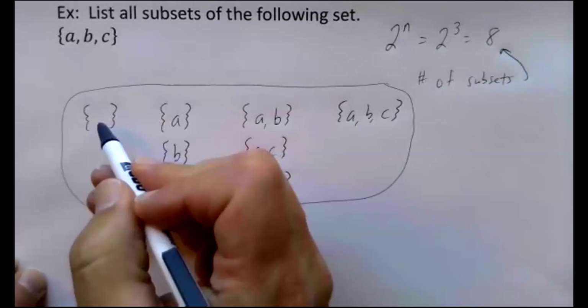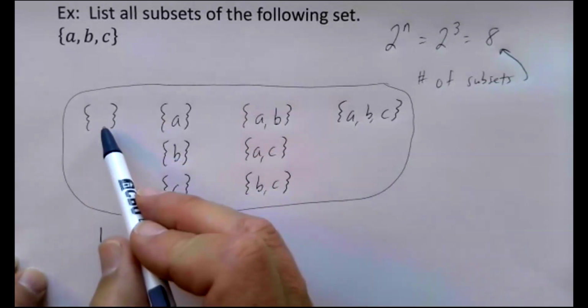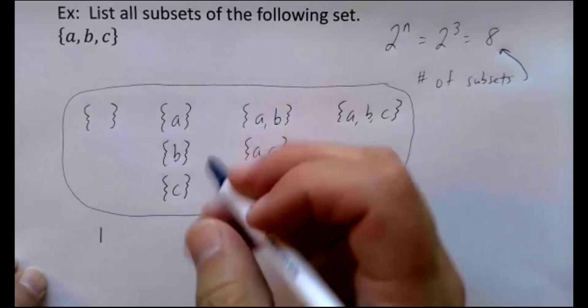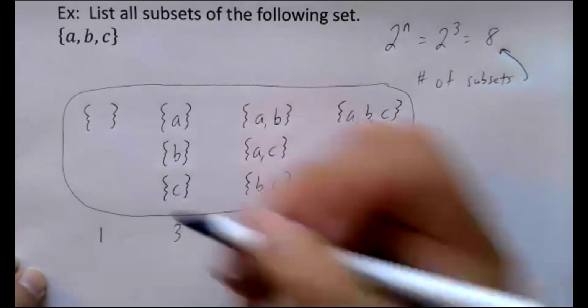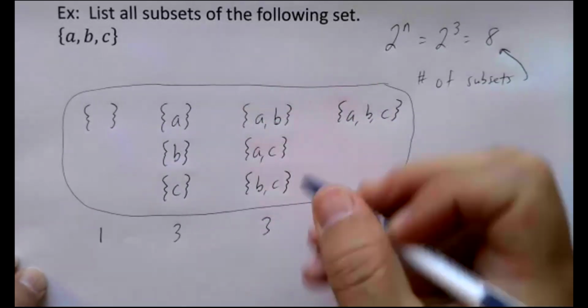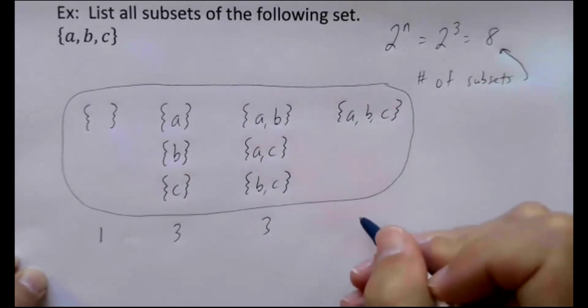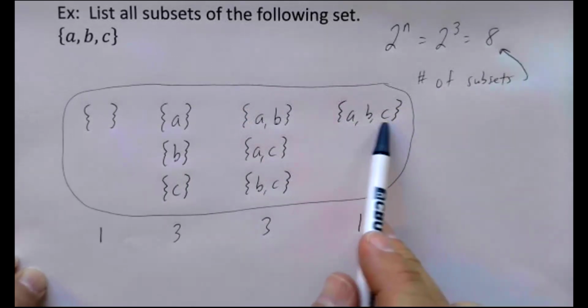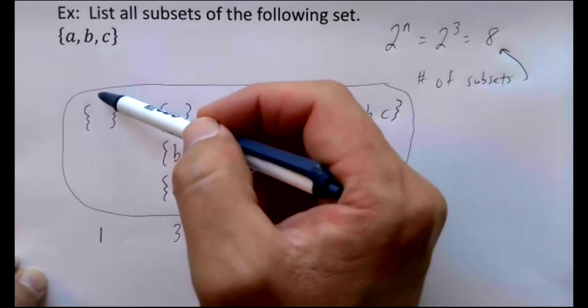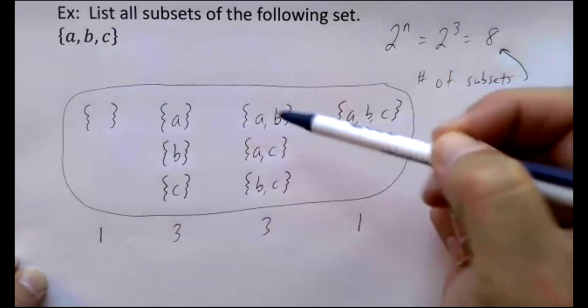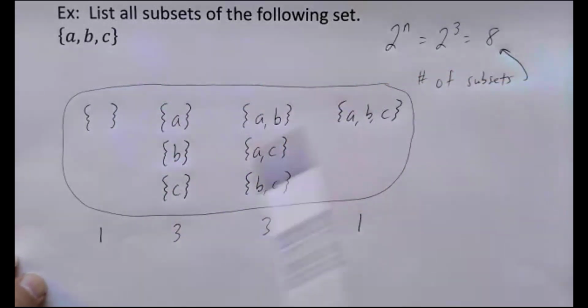Notice that there was one set with 0 elements. There were 3 answers with 1 element each. There were 3 answers with 2 elements each, and there was 1 answer that had 3 elements. See how I kind of organized them? This had nothing. These all had 1, these all had 2, and this one had 3. But look at this right here.